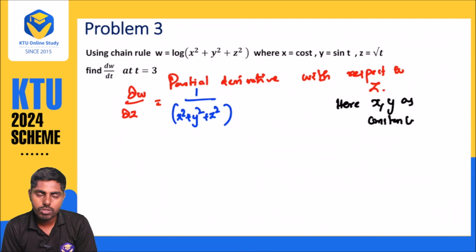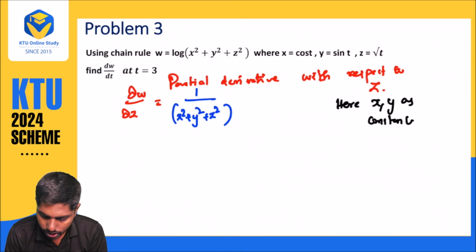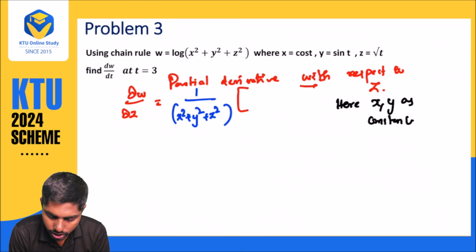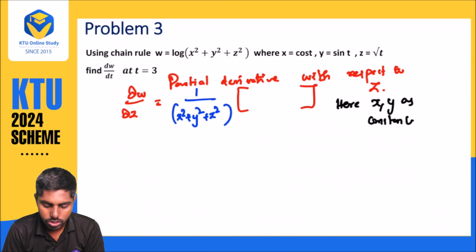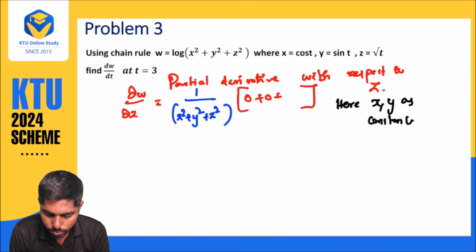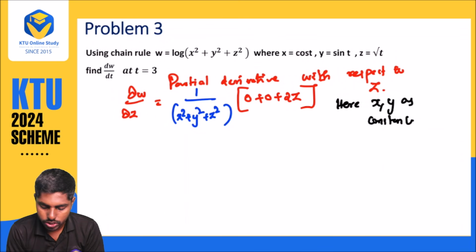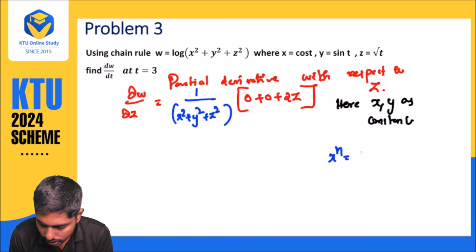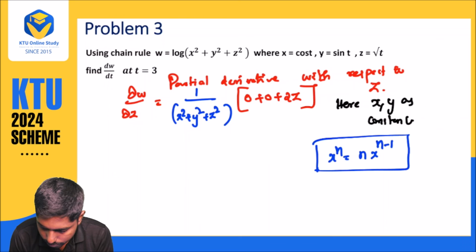Because the differentiation of log is 1 by that value. Now inside the bracket, x and y are constants, so 0 plus 0 plus the derivative of z², which is 2z. You know the formula: xⁿ differentiates to n times xⁿ⁻¹. This formula only.